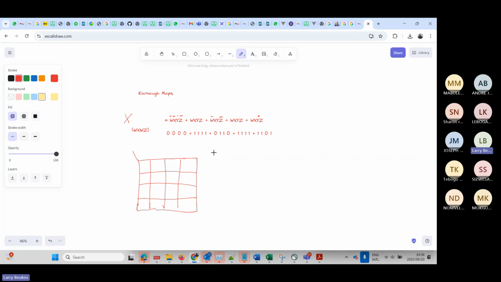Your lecturer can tell you to make WX your columns and YZ your rows. You guys can tell me which one you prefer in this case. From high school, what we used to do was WX here and then YZ here, so WX was our rows and YZ the columns.